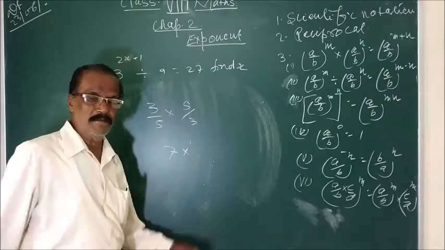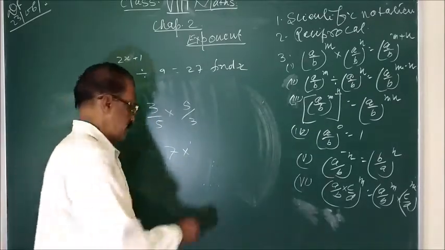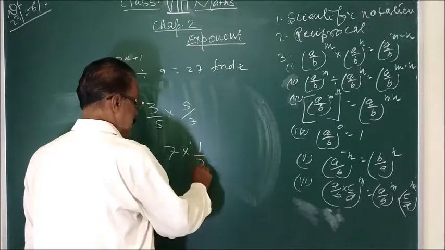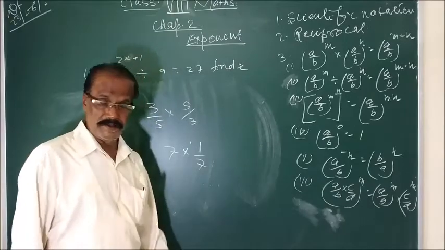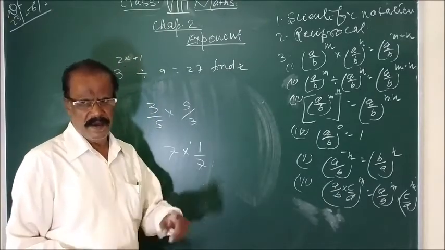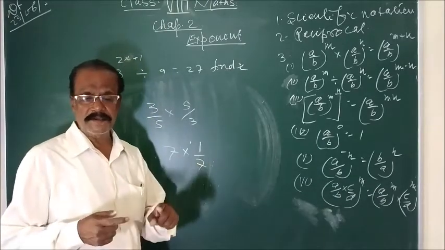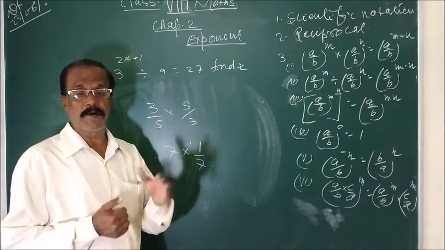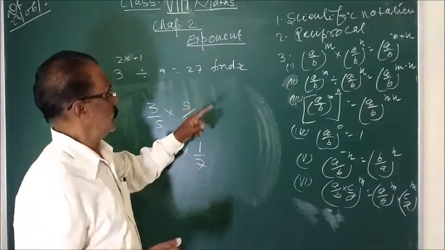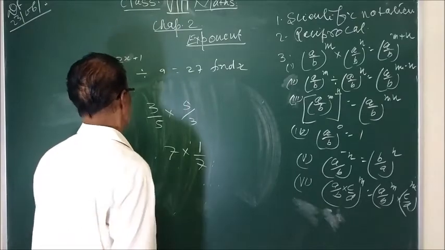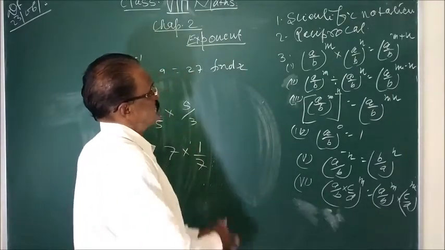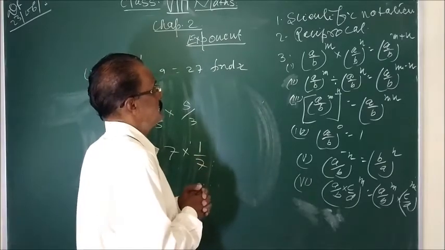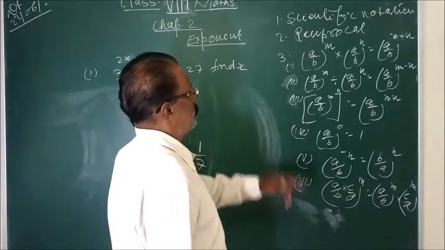By what number will you multiply 7 to get 1? It is very clear, you multiply by 1 by 7. So these two numbers are called reciprocal of each other. If two numbers are multiplied together and the product is 1, each number is called the reciprocal of the other. So these are the scientific notations to represent any number, and reciprocal you understand.